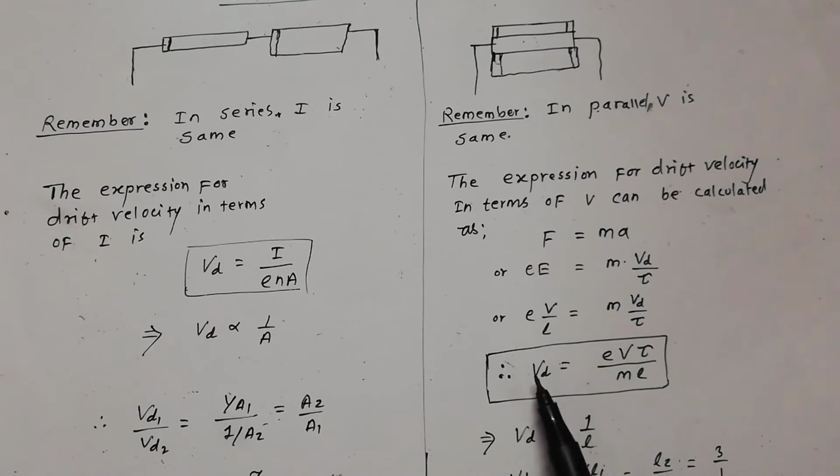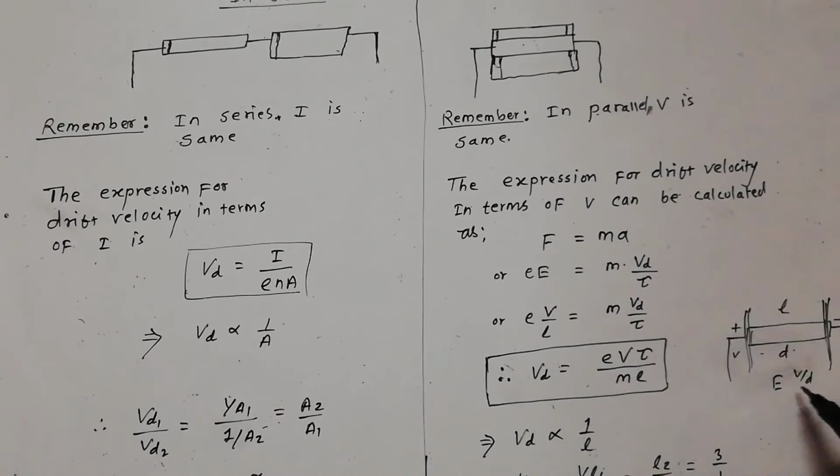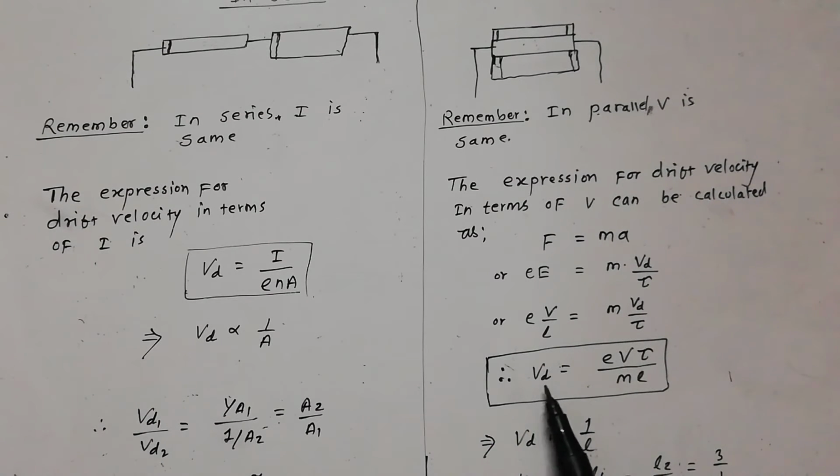From these expressions we can manipulate to find the expression for the drift velocity as Vd equals eVτ upon mL. L is the length of the conductor, m is the mass of the electron, e is the electronic charge, V is the potential difference. So finally we have this expression Vd equals eVτ upon mL.